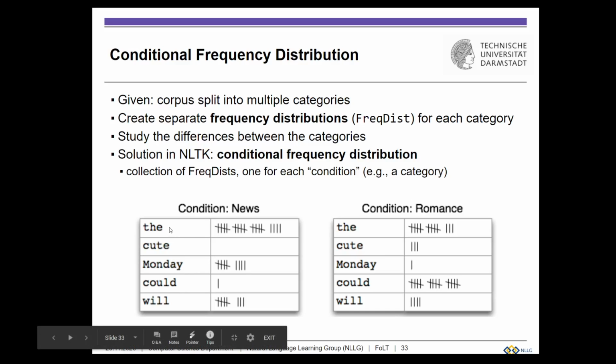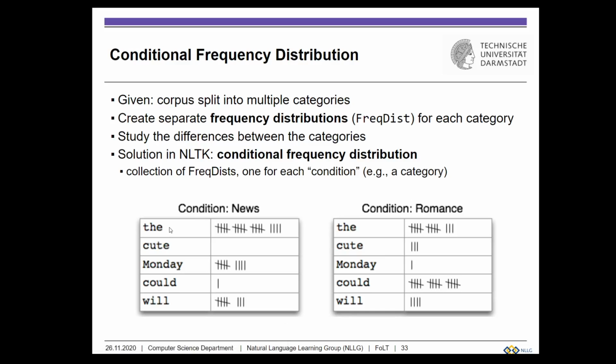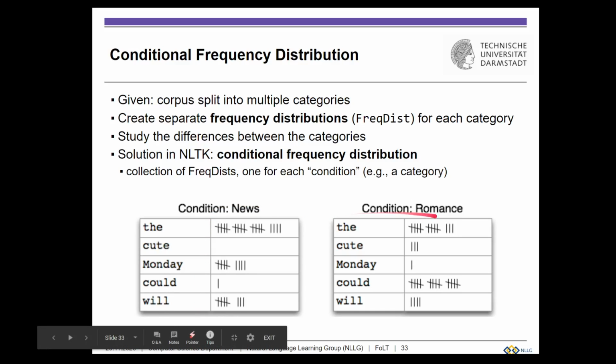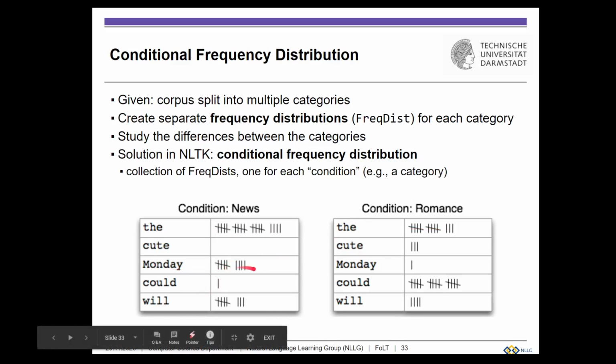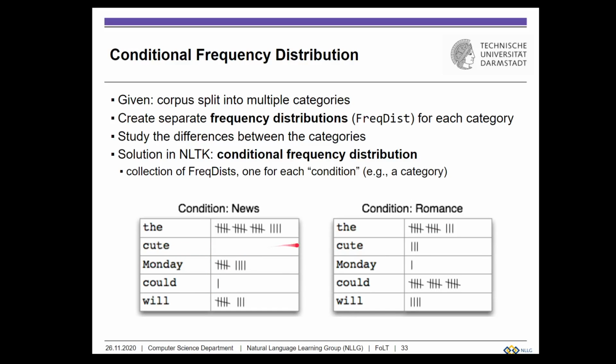We can go over some joint vocabulary, such as the, queued, Monday, and will, which are given in both of these text genres, and check the frequencies of the words along those two genres. What we would see, for example, is that something like queued occurs very rarely in news, whereas it occurs much more frequently in romance. On the other hand, a word like Monday does not occur very often in romance, but it occurs much more often in newspaper text.